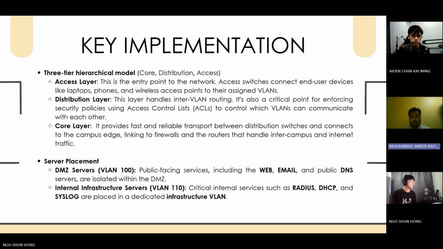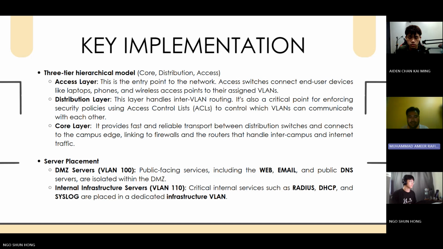For our implementation, we implement a 3-tier hierarchical model, which consists of access, distribution, and core layer. Access is the entry point for laptops and other end user devices to connect to the network, while distribution is the one that links between all the VLAN subnets.